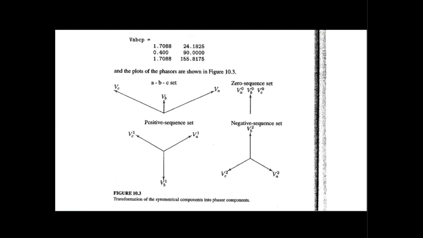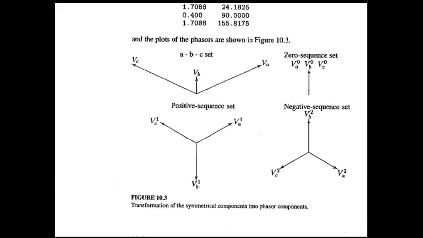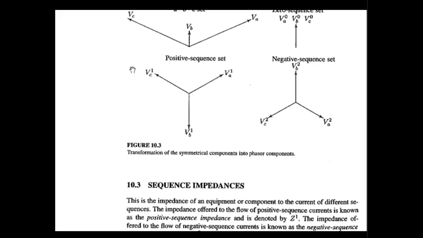So these are the part regarding the sequence component in terms of voltage and current. Okay. So if we want to move further in terms of impedance, now we will see the impedance scenario, how we can address it.